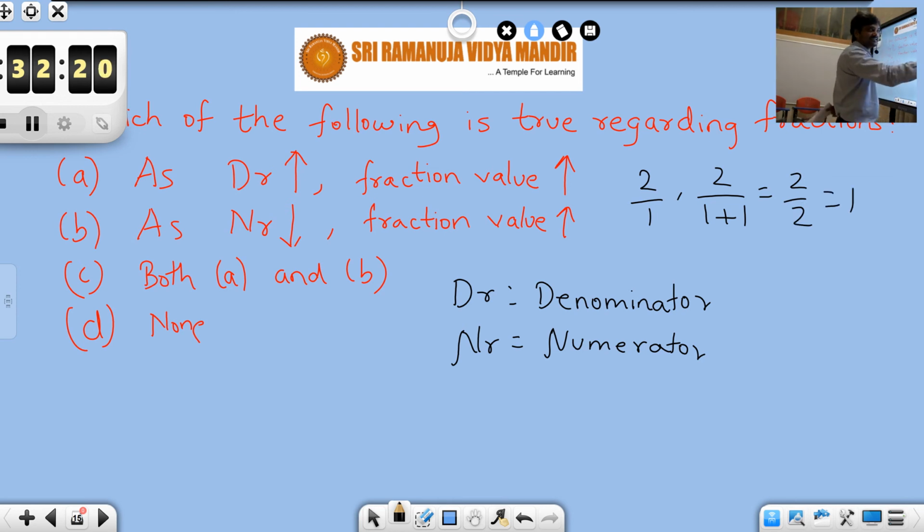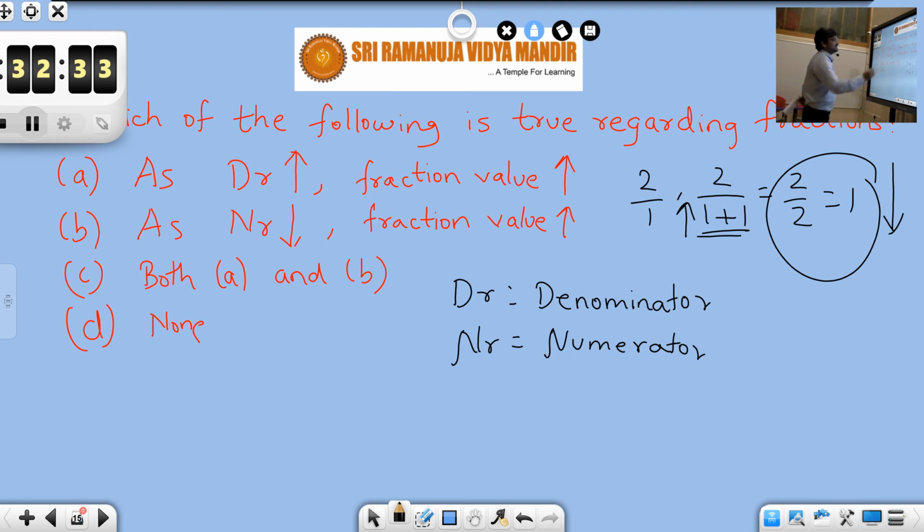So this value is decreasing, right? Whenever the denominator is increasing, the overall value is decreasing. But here it says the fraction value increases. So this statement is wrong, because the fraction value is decreasing.